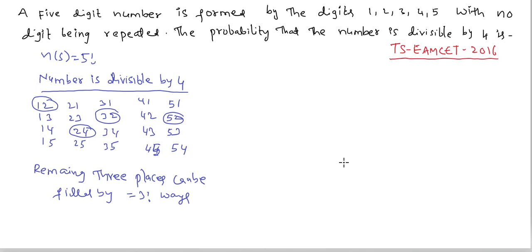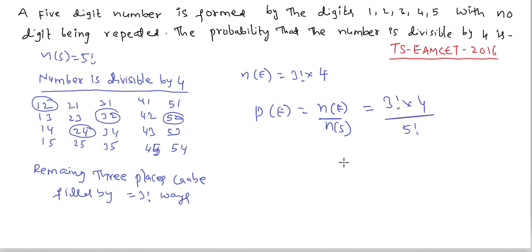So favorable outcomes, that is n of e, is equal to 3 factorial into 4 ways of being divisible by 4. Therefore probability of e is equal to n of e by n of s, that is 3 factorial into 4 by 5 factorial, which is equal to 4 by 4 into 5. 4 cancelled, that is equal to 1 by 5.